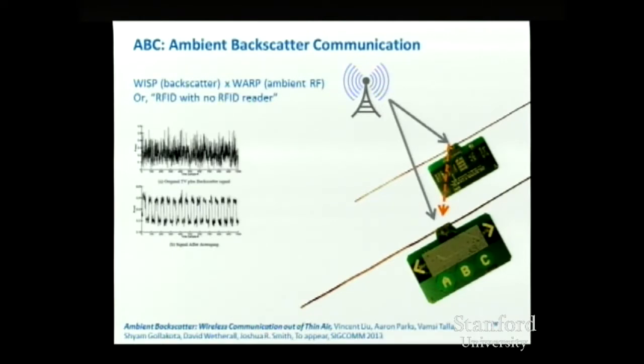So from a user's point of view, it's almost like being able to have an RFID system, but with no RFID reader. The only reader essentially is the TV tower. Now, one big difference is that all the communication has to be multi-hop, and you'd probably need some sort of a gateway to collect messages from the other units and then send them somewhere else. But it's an exciting new capability.